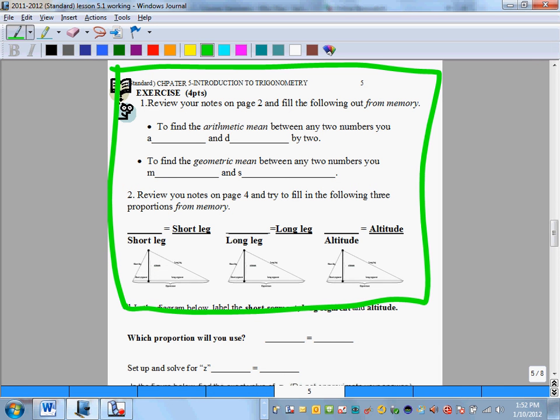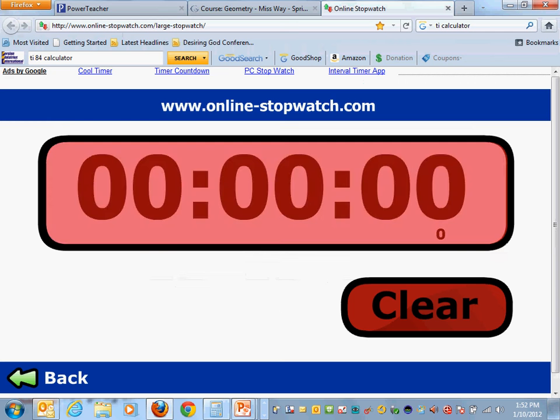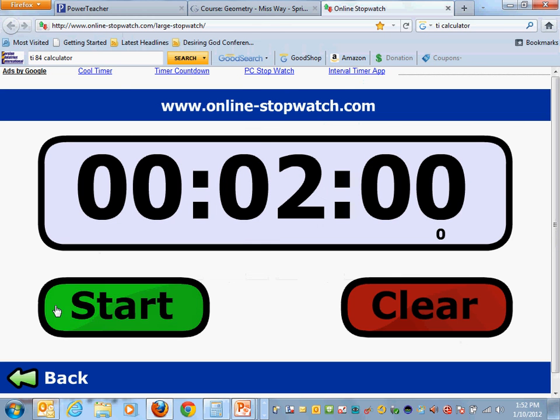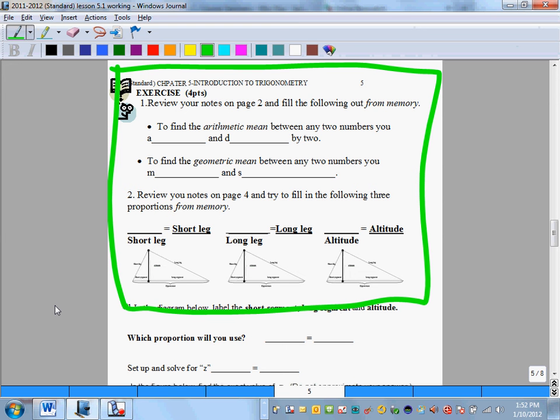To find the arithmetic mean. If you want to read it out loud, that's fine, just don't say the answers out loud. When you're done, start looking at the problem below it, just for kicks. We'll be doing that one.